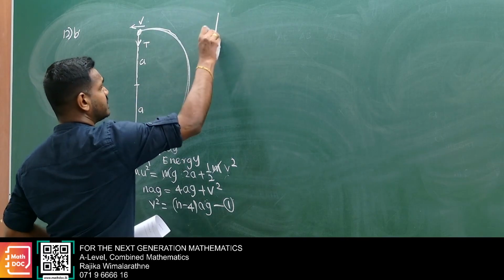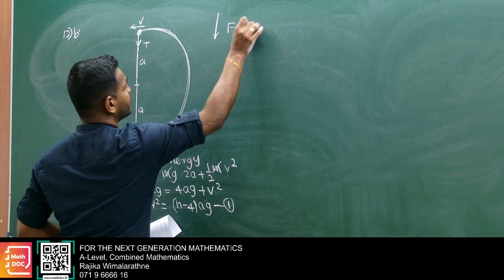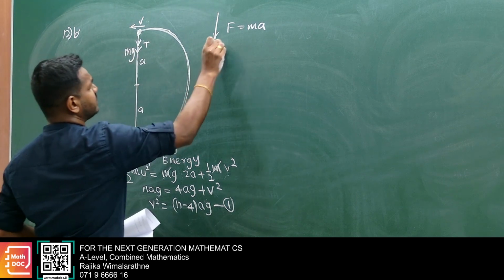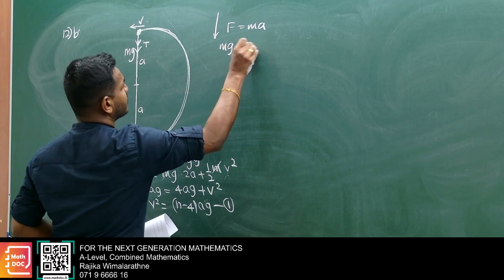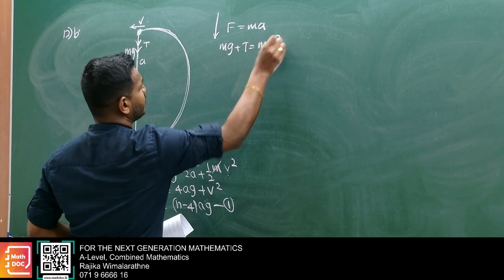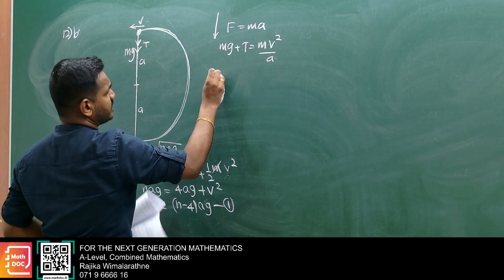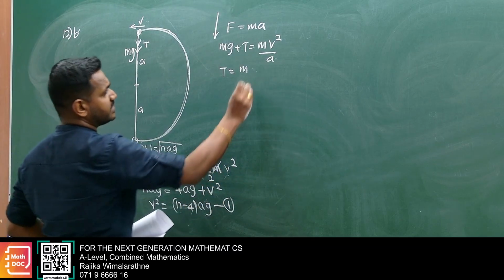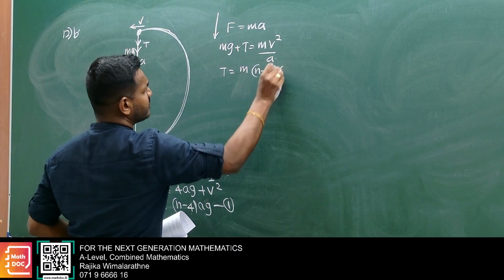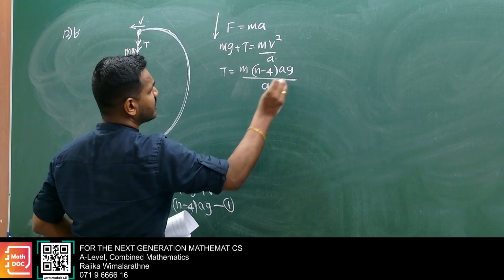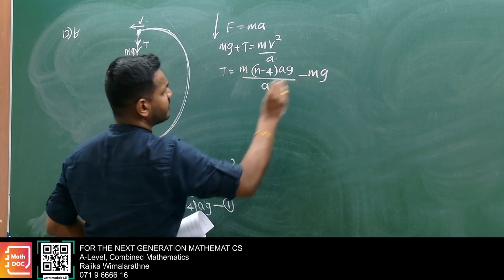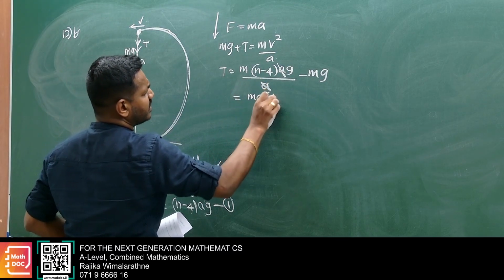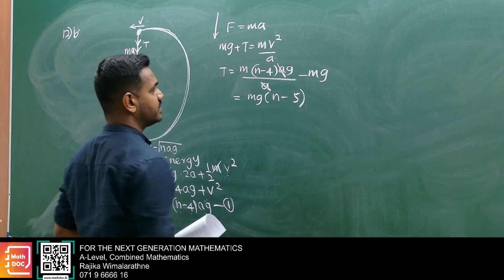At the highest point, downward F equals m a. Here the forces are mg plus T equals m v squared over a. Then T equals m times v squared, with v squared equal to n minus 4 ag, minus mg. Simplify, take mg outside: mg times n minus 5. Here it is.